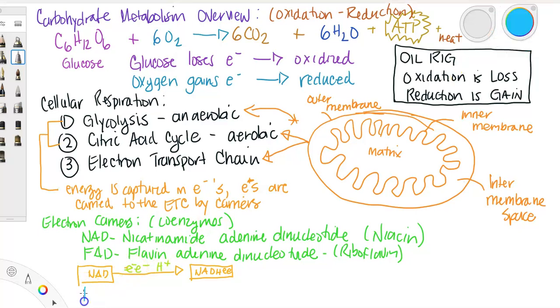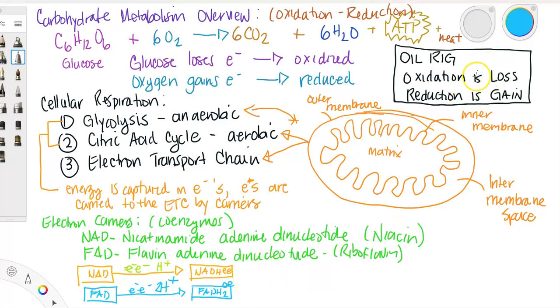The FAD, same thing. It's accepting electrons, so it's being reduced. It's accepting two high energy electrons and two protons. And it turns into FADH2. And there's its two little electrons.